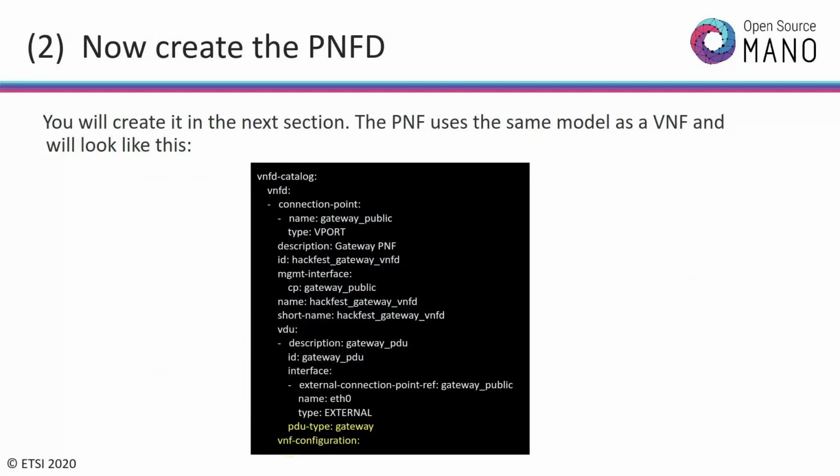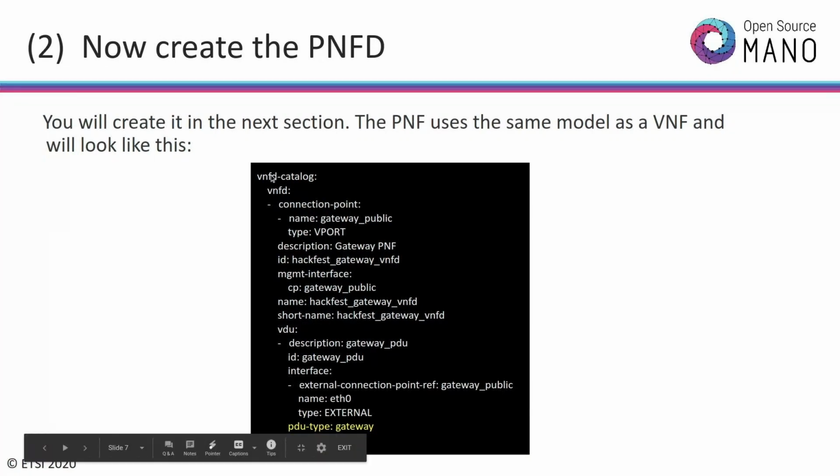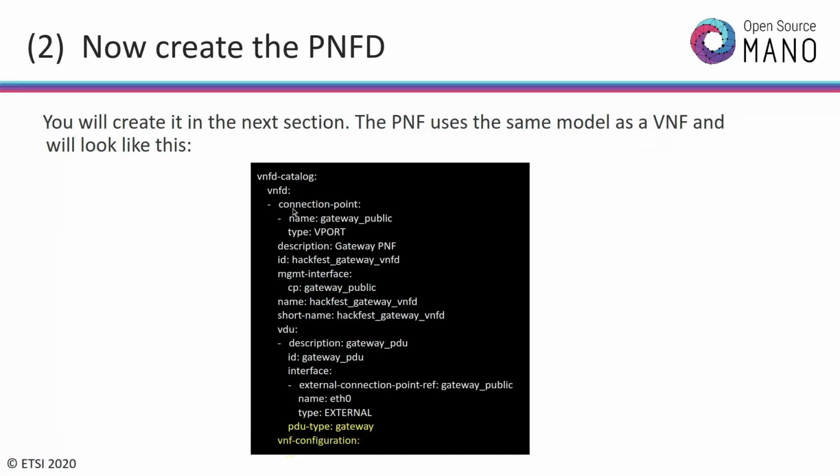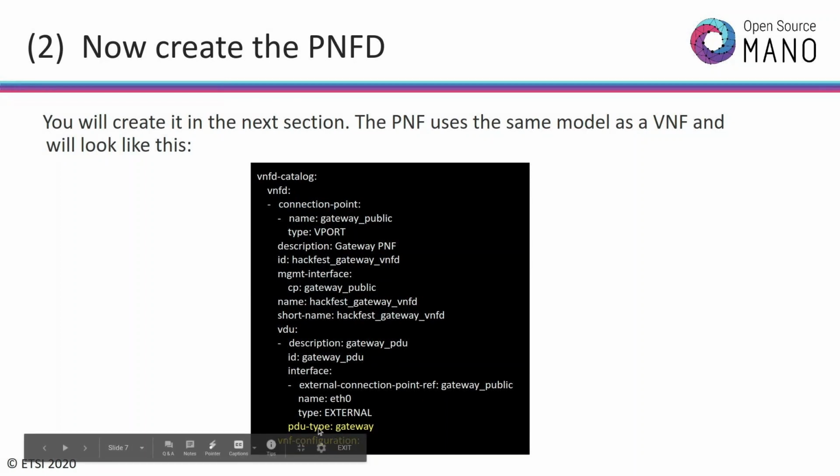It's just a new descriptor that you will obtain, and it's very similar in structure to the MAC Access Gateway descriptor, but in this opportunity you will not see any flavor or any parameter that refers to a virtual instance. You will just see a PDU named Gateway PDU and of type Gateway, and these are the two parameters.